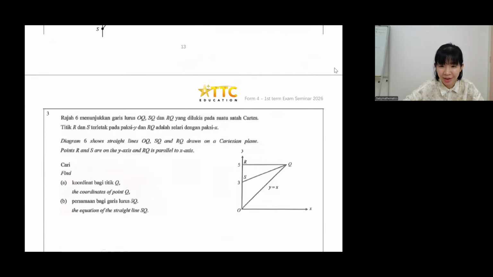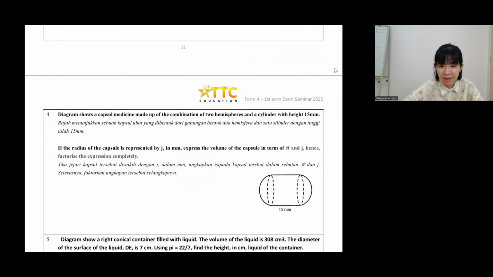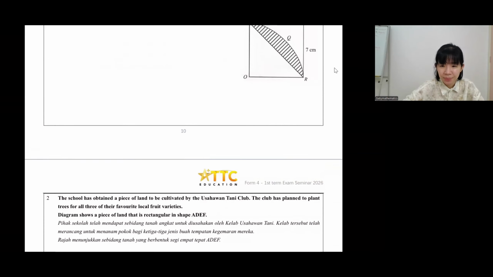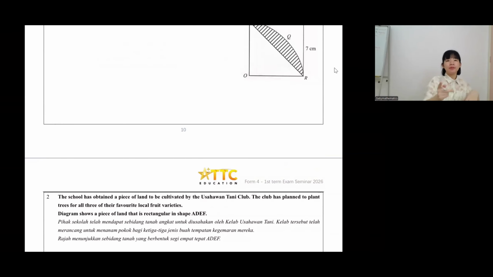Okay, we got a few for straight line, garis lurus, and circle. We follow the majority. Most people say straight line. Circle also got people choosing.